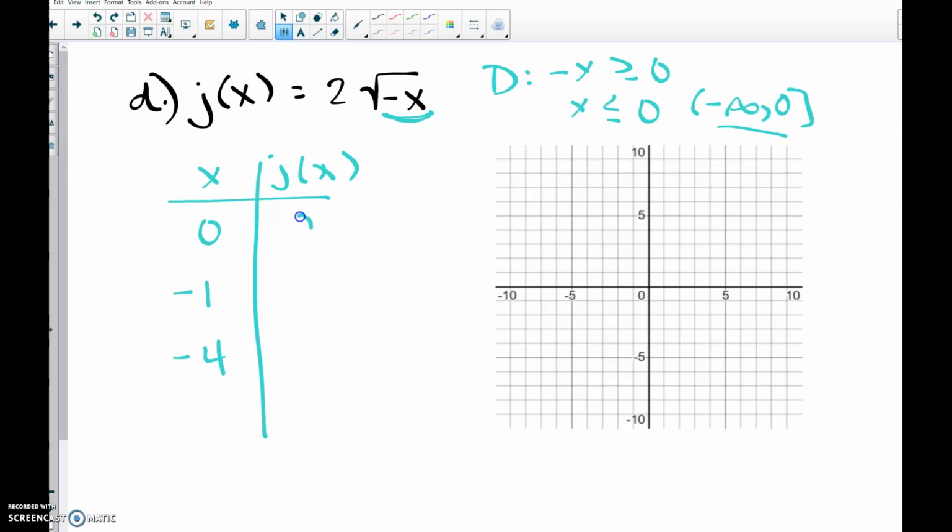The y values would be 0, 1, and 2. Plot these points. On the right is the graph of the function j of x. What is the range? The range is from 0 to infinity. This y value is still the smallest y value on your graph.